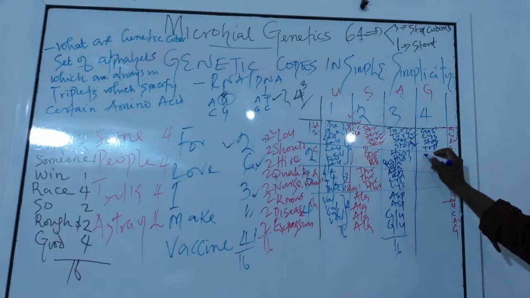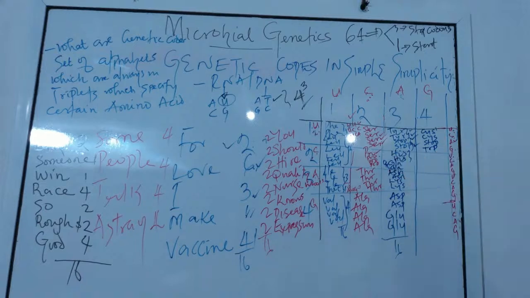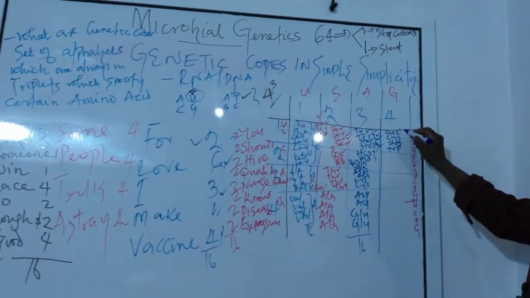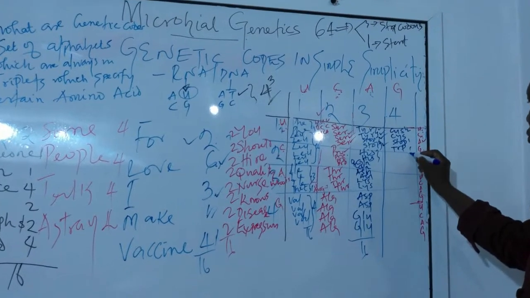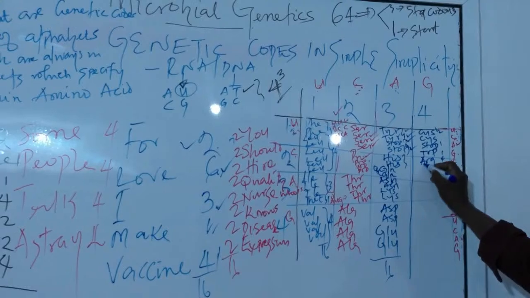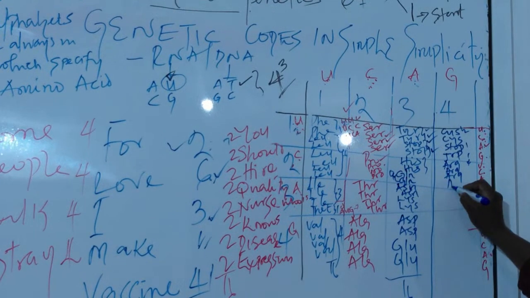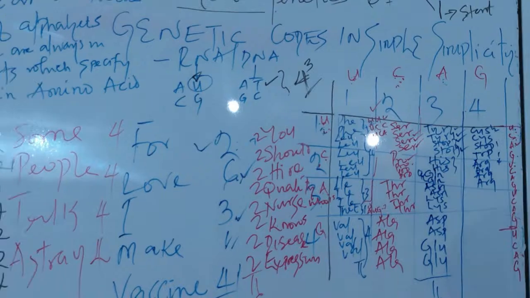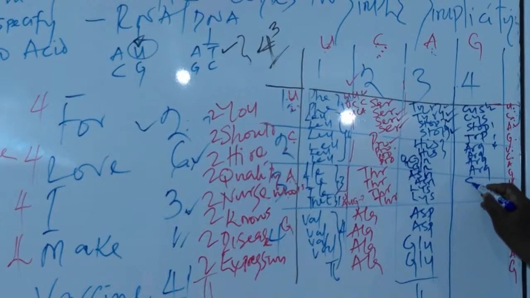W is the single letter code for tryptophan. Okay. So we now have 2, 1, 1. Then the next one will be 4. So that 4 is going to be arginine, ARG. Then the next two will be serine.